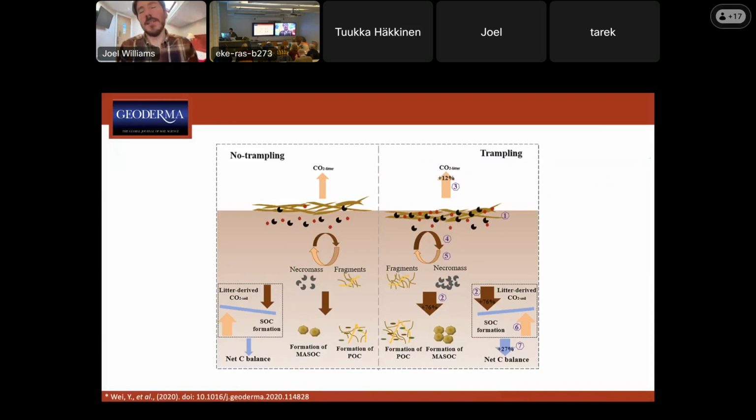And also, this is just a nice little example, the impact of the hoof, the interaction of the animal with the soil. And this was a neat study comparing leaving litter on the soil, so no trampling, or including a little bit of livestock interaction and having some trampling just to increase the accessibility of that litter to those hungry mouths, to those microorganisms down here.